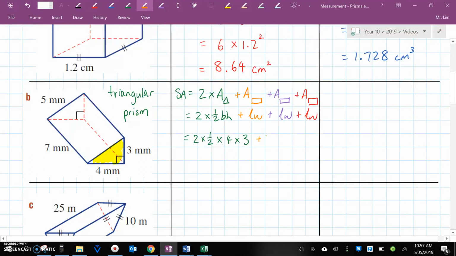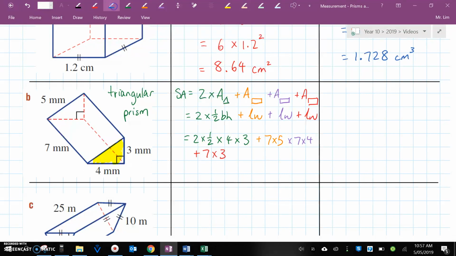I'm going to work from largest rectangle to smallest. So the largest rectangle here is 7 times 5. The next largest is 7 times 4. And the smallest is 7 times 3.